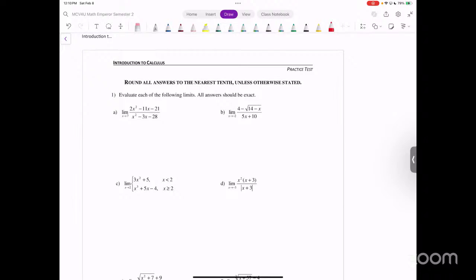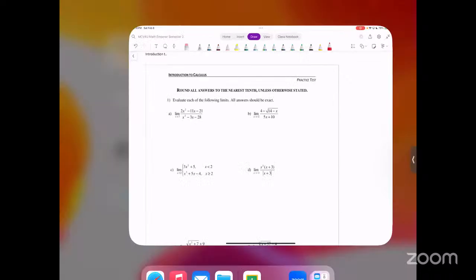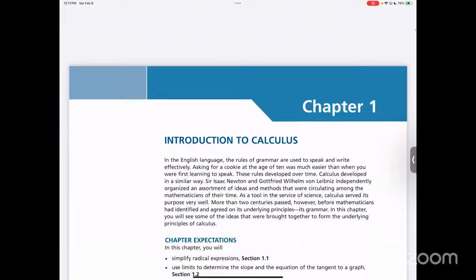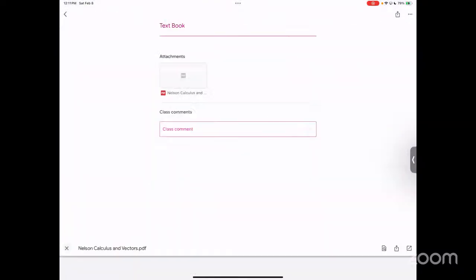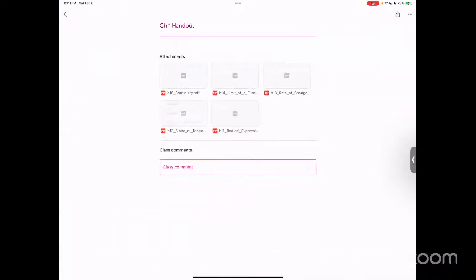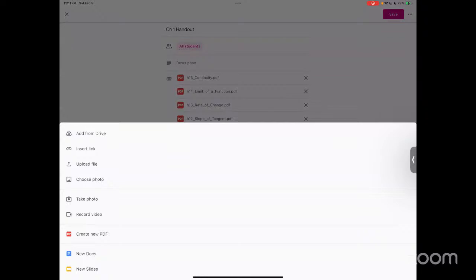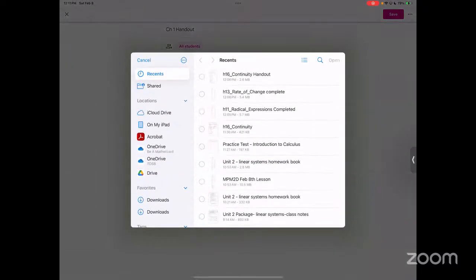I'm sorry, aren't the notes still posted on the classroom? I think so. I posted them in the same place. I'm not too sure.